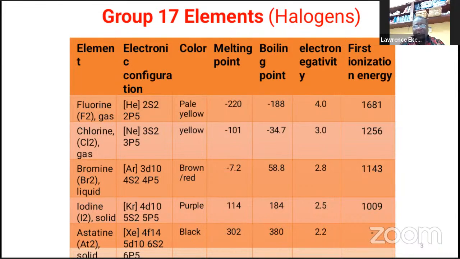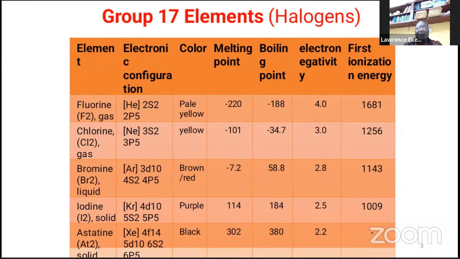If you look at the table, the melting points and the boiling points increase down the group because of the van der Waals forces existing between the molecules of the halogens.